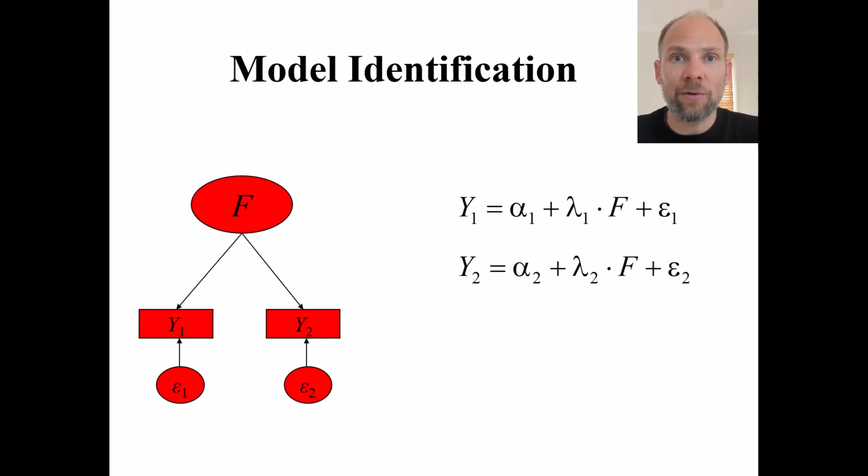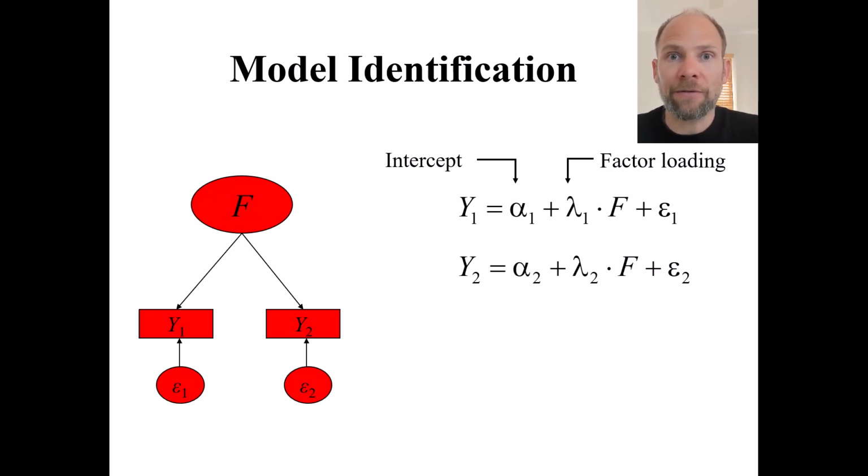So here we have two observed variables, y1 and y2, and they measure a common factor f. And so in this measurement model, in a typical factor analysis, we have an intercept alpha i, so here alpha 1 and alpha 2 for our two variables. Those are additive constants or intercepts, and we have factor loadings lambda, and then there's a factor obviously in the model, and there's an error variable epsilon also in the model.